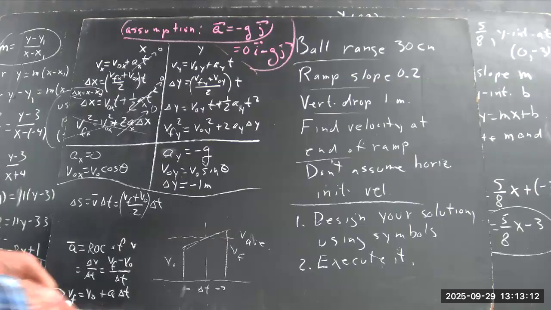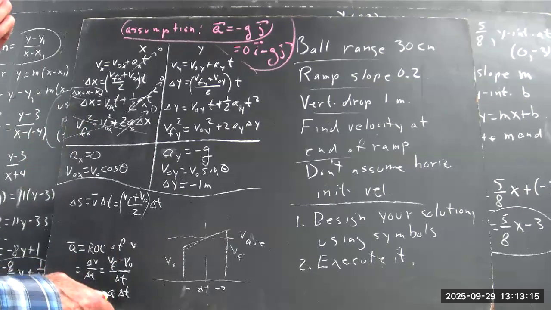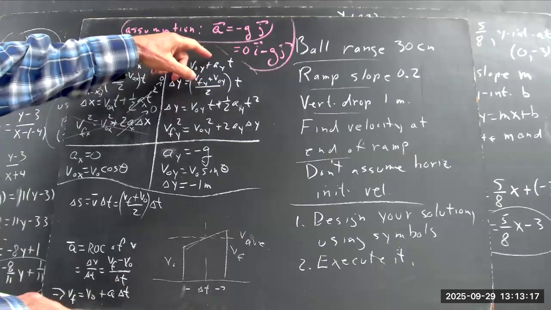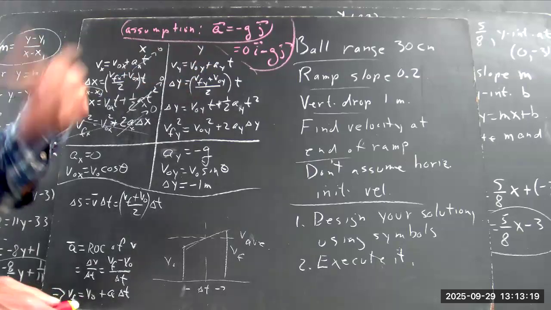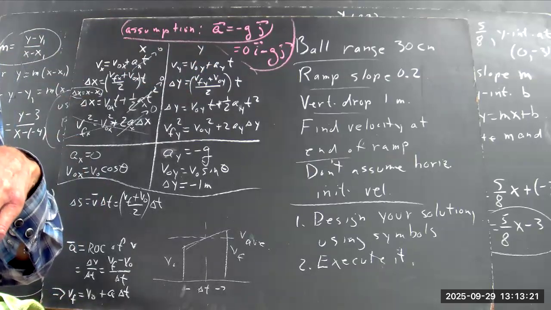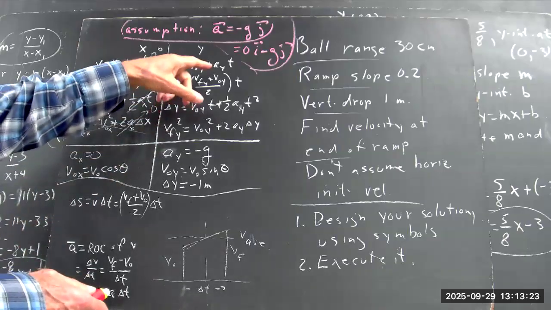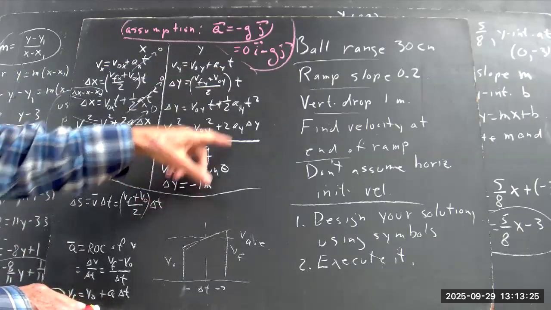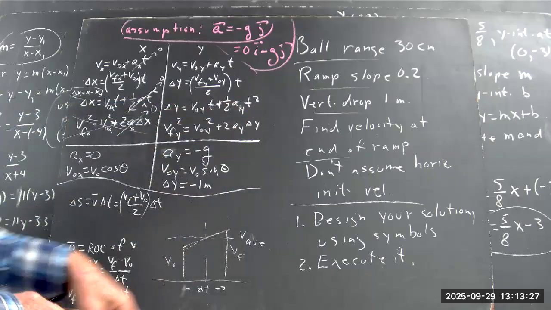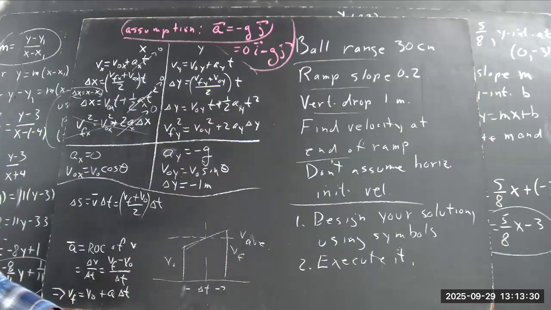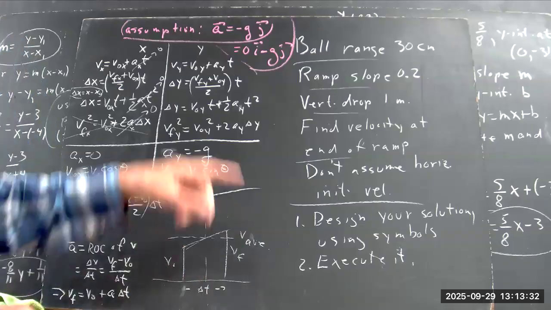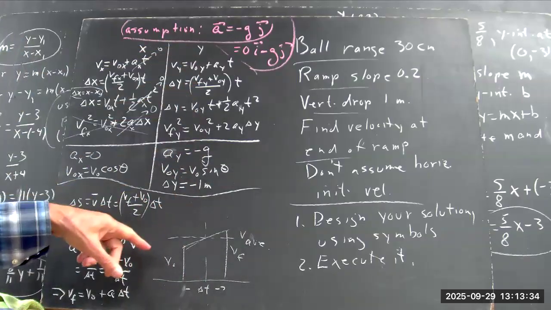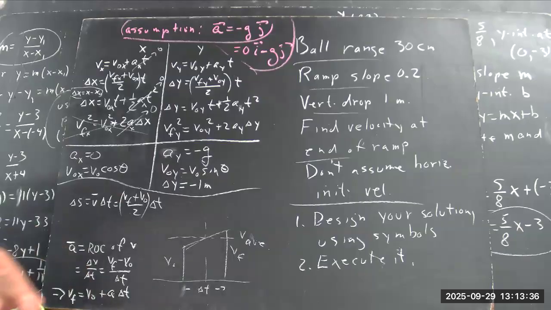And in the y direction, then we can replace AY with negative G. So that becomes negative GT. And that becomes negative GT squared. That becomes negative G times delta Y. And your V naught Y would become V naught sine theta.